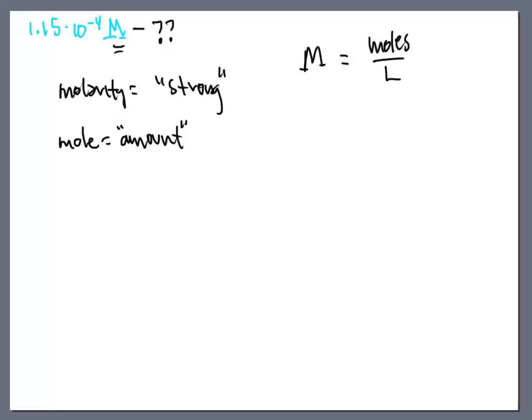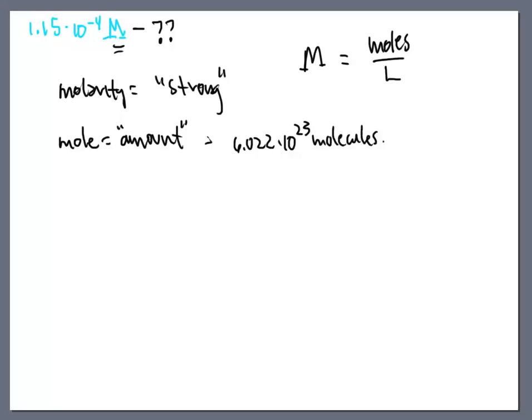Mole is the same way. Mole is kind of like a dozen. Mole is a term that we use to describe a specific amount. Okay, well, what is that amount? Well, that amount is very specific. It's 6.022 times 10 to the 23rd molecules of anything.